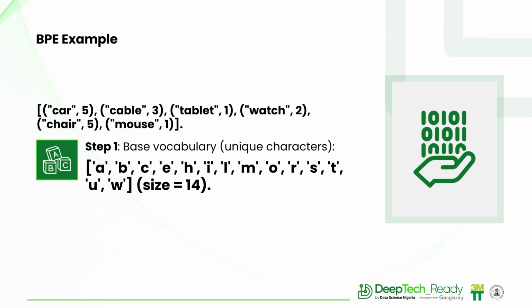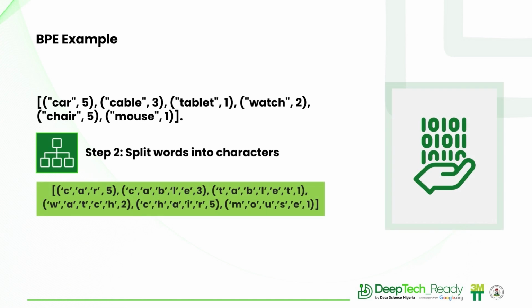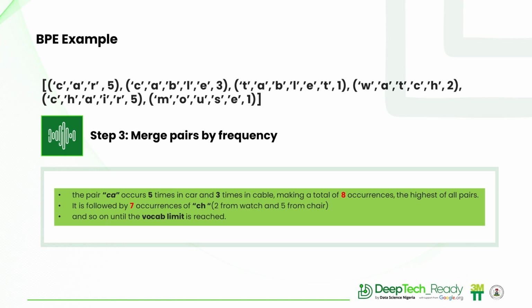The next step is that all the words are split into the base vocabulary characters, which can be represented as follows. So each and every word is represented using the base vocabulary characters. So for car, we have C A R. For cable, so we split each and every one of these particular words into characters. And then the BPE algorithm counts the occurrence of every symbol pair and then picks the one with the highest frequency.